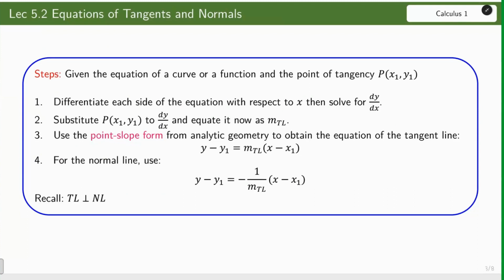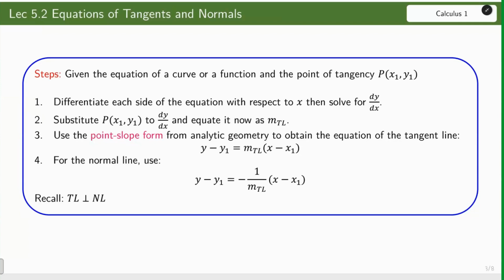Second, substitute the coordinates x1, y1 to the derivative and equate it now to m sub TL, short for the slope of the tangent line. Use the point slope form from analytic geometry to obtain the equation of the tangent line. So that is y minus y1 equals the slope times the quantity x minus x1.